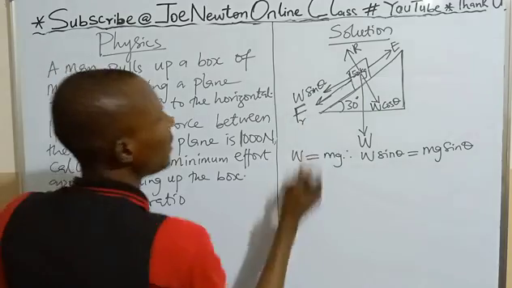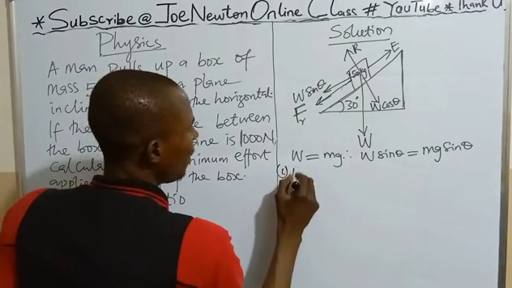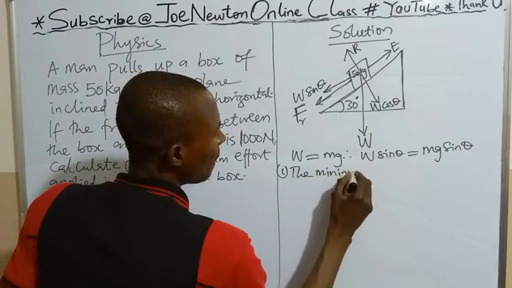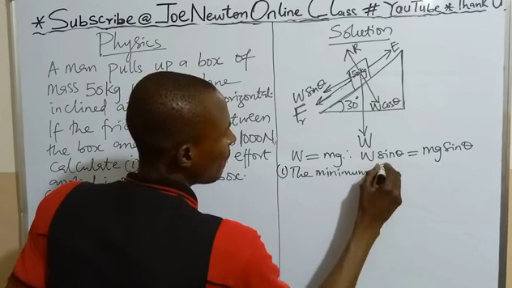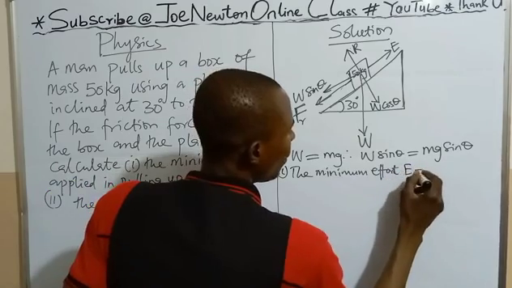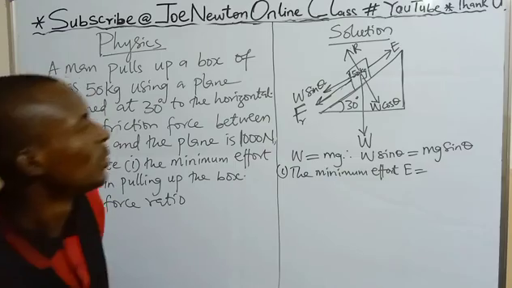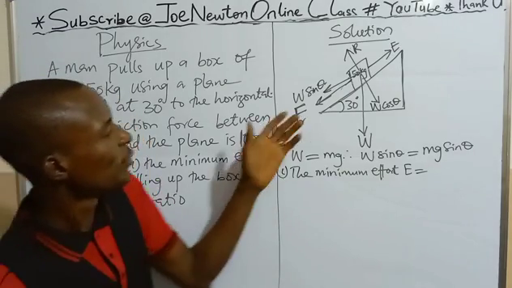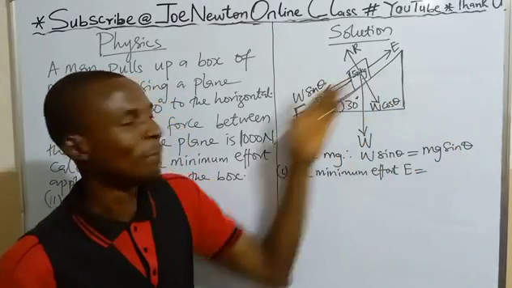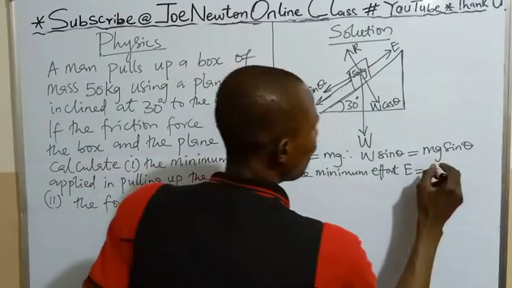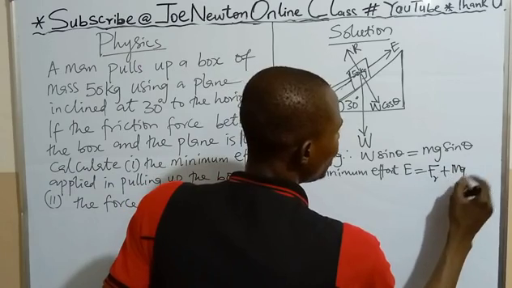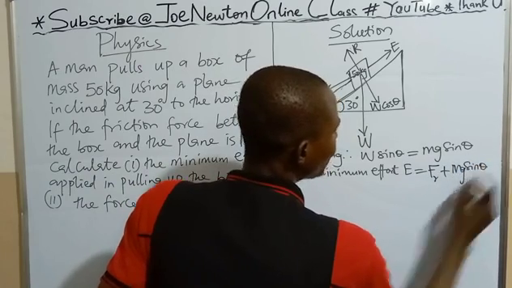Then we continue. For question I, the minimum effort E will be equal to the frictional force plus the weight of the body along the plane, that is, frictional force plus mg sine theta.